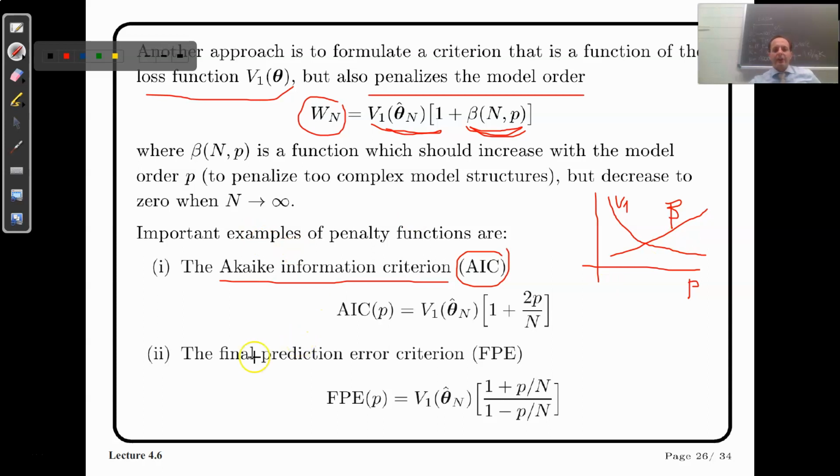There is another criterion, the final prediction error criterion, defined with the acronym FPE, and it is the loss function multiplied by this bilinear function, where in the numerator you have 1 plus p, the number of parameters, divided by n, and in the denominator 1 minus p divided by n, the number of data.